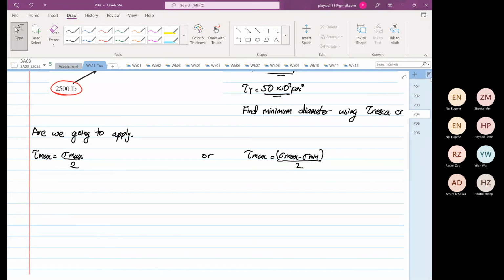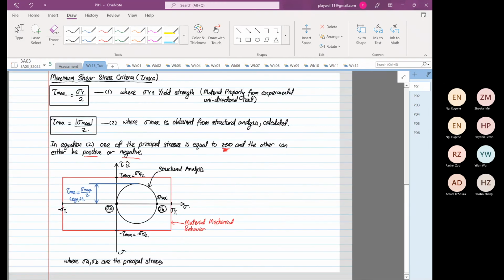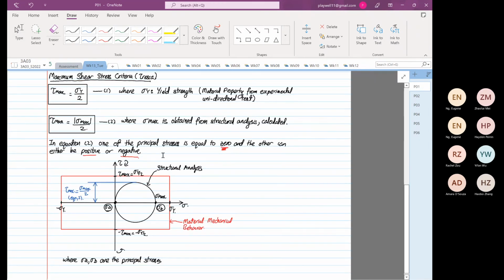So this is all dependent on our structure analysis. You remember we drew this, right?